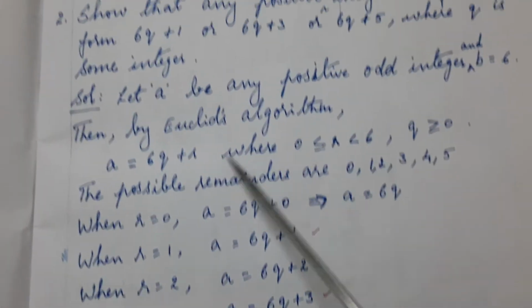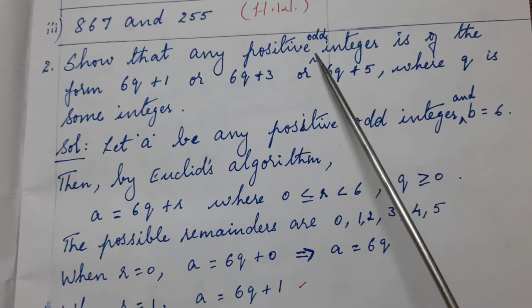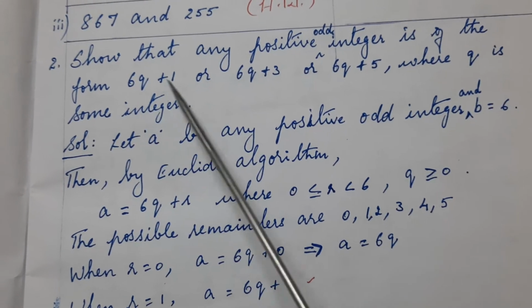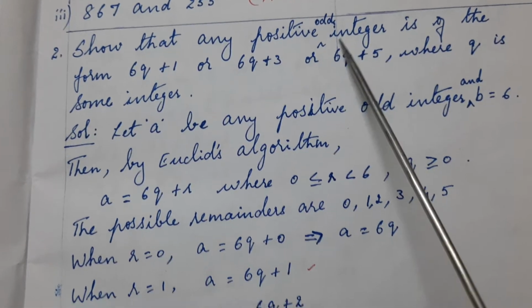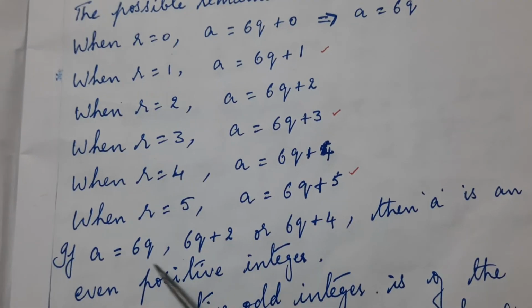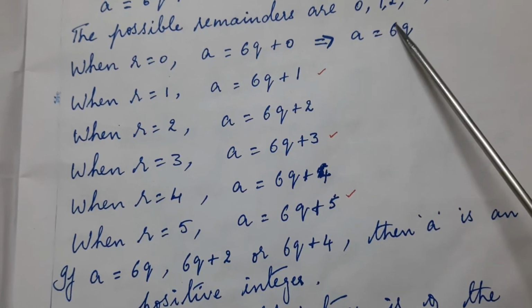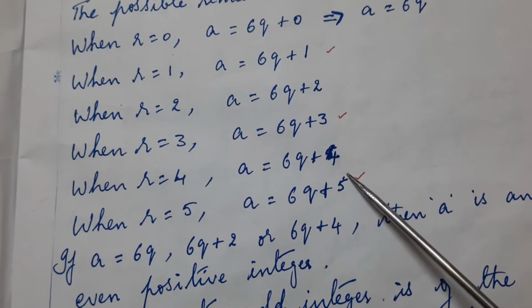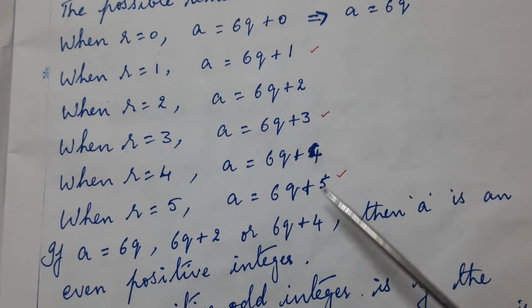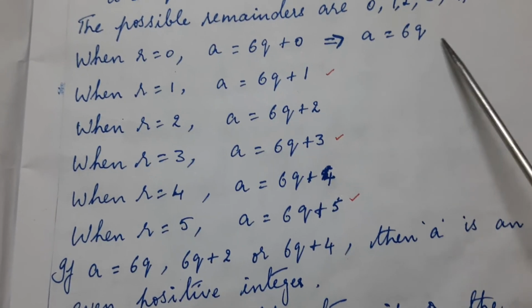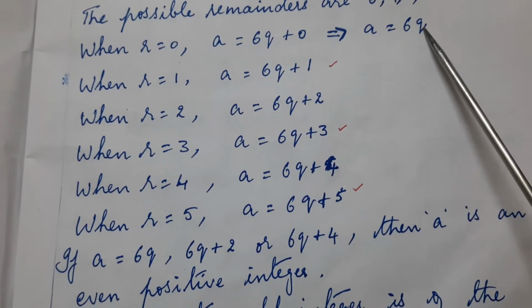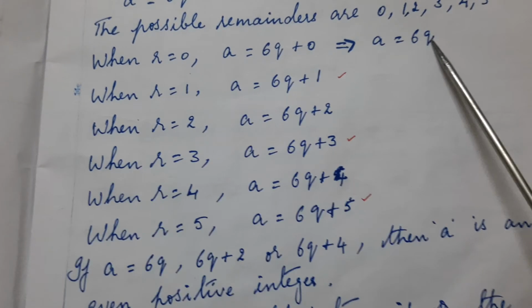Now they have asked us to show that any positive odd integer is of this form. Now see here, if a is equal to 6q, 6q plus 2, 6q plus 4, then suppose instead of q I put 1. What will happen? It will become 6.